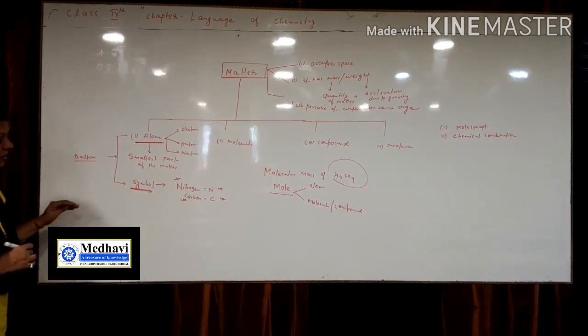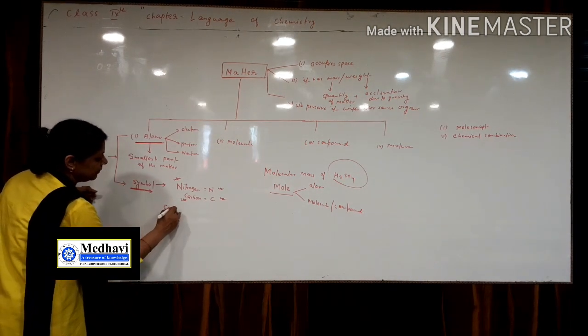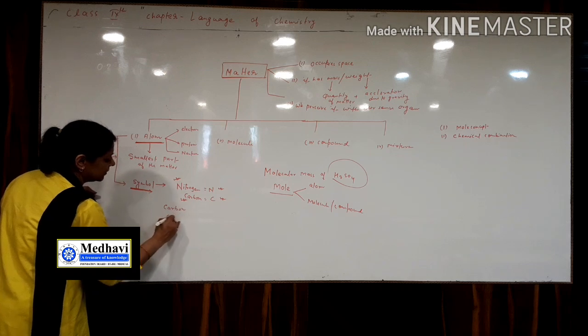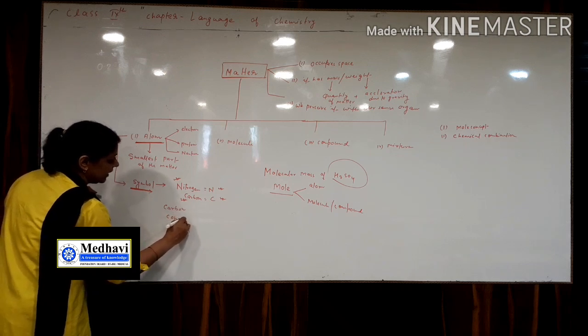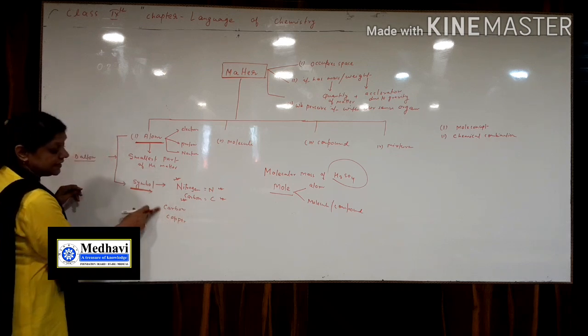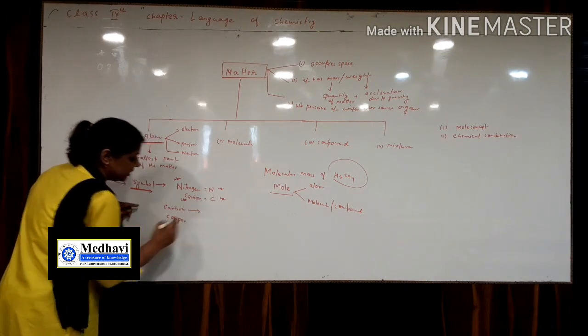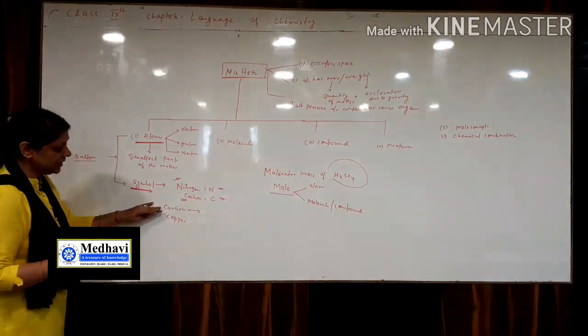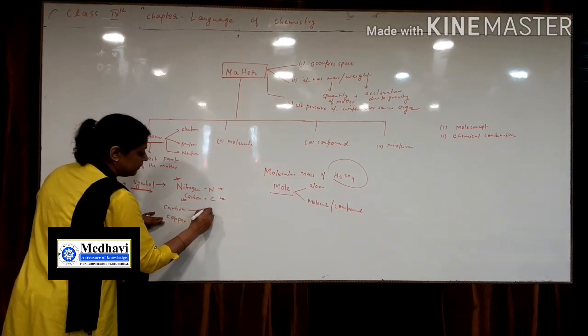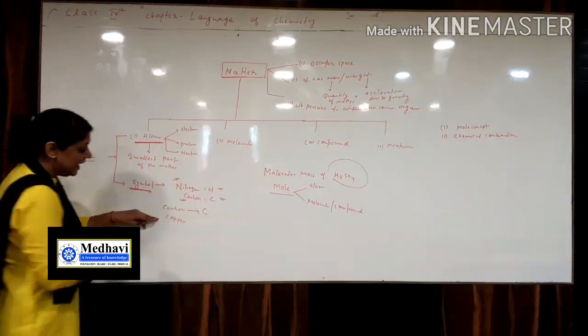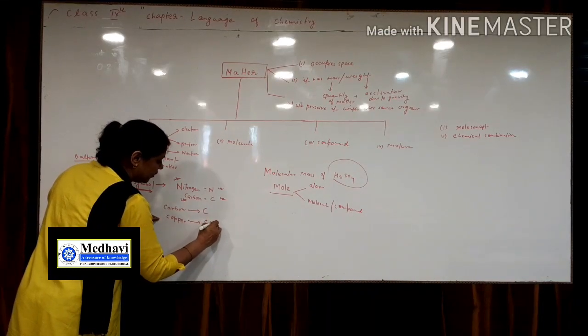But for some elements, you can take the example of carbon and copper. Here, carbon and copper both have the letter C common. So here we take two letters to distinguish between carbon and copper. For carbon we take the first letter, and for copper we use Cu.